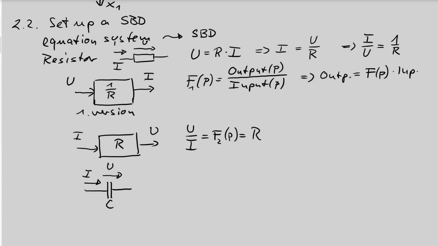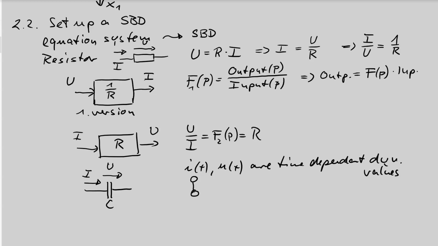The normal way to do this is: i(t), u(t) are time dependent physical dynamical values, and if I convert these values into the frequency domain, maybe you have seen this conversion symbol, then it's common to use lowercase letters for time values and uppercase letters for the frequency variables.